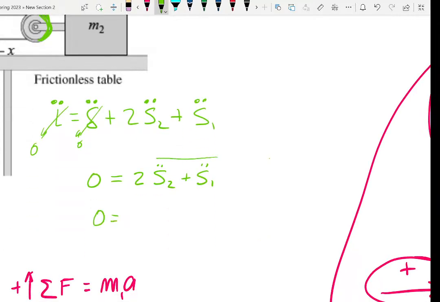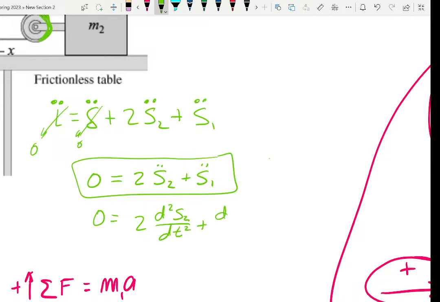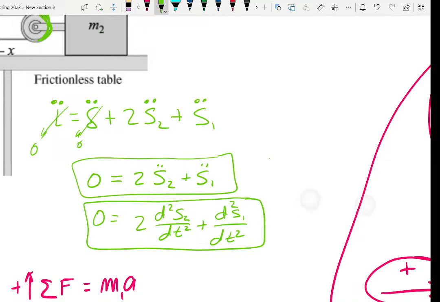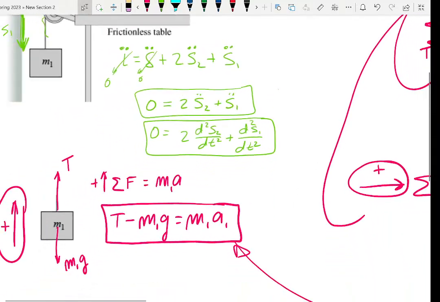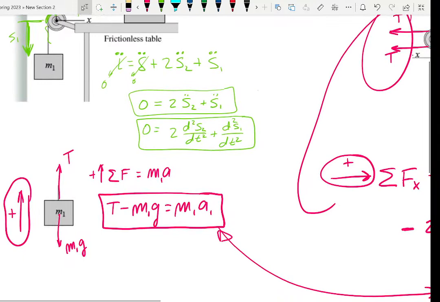But I'm going to use this one. 2 plus this. So there you go with that.